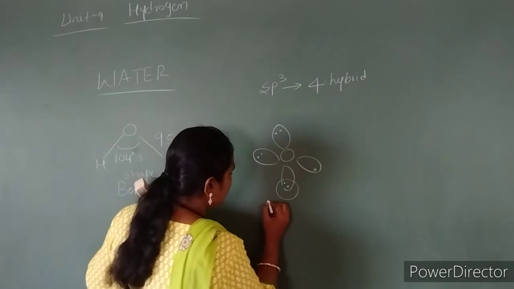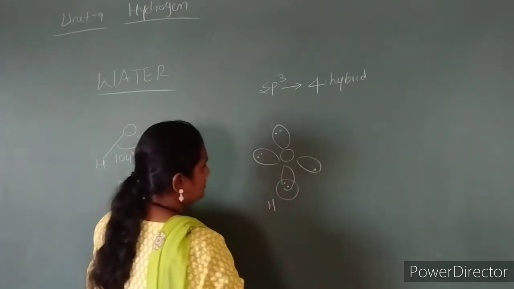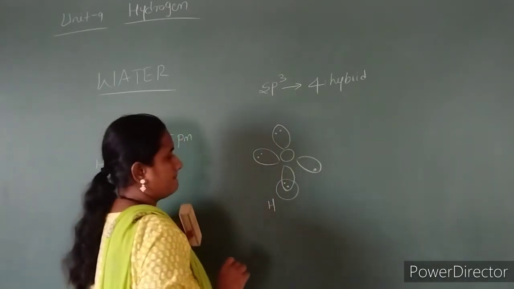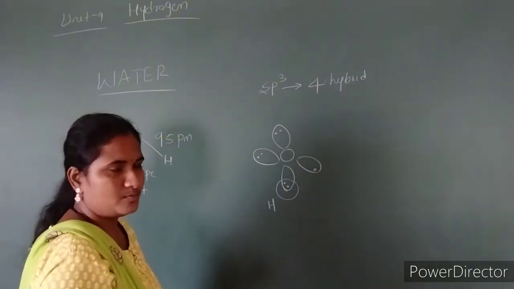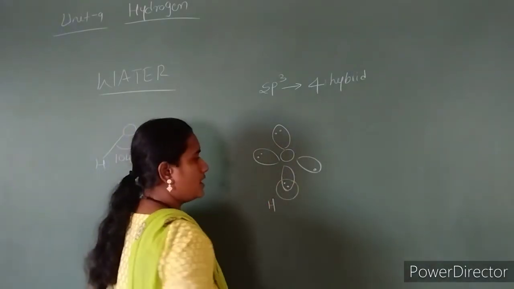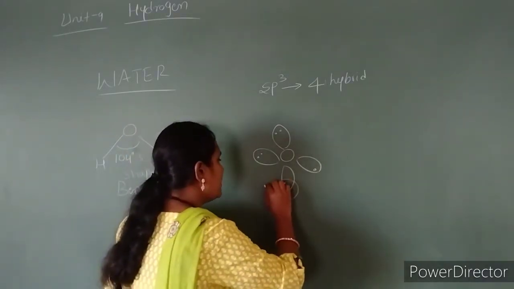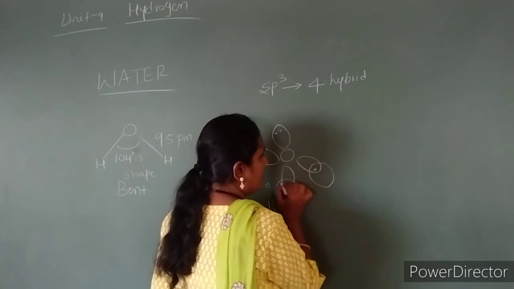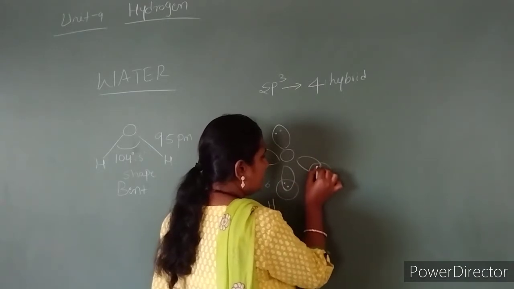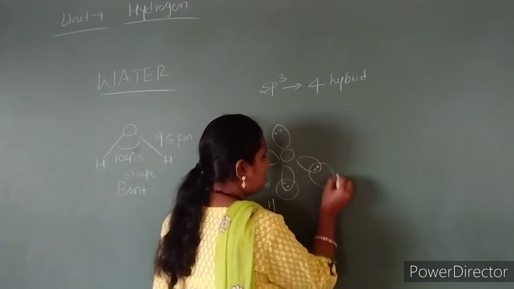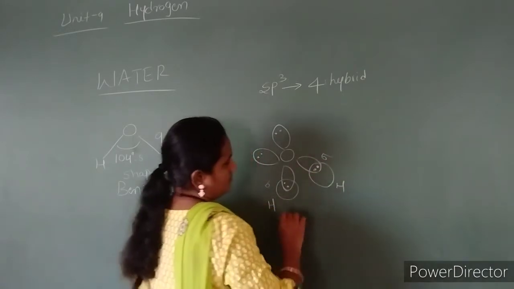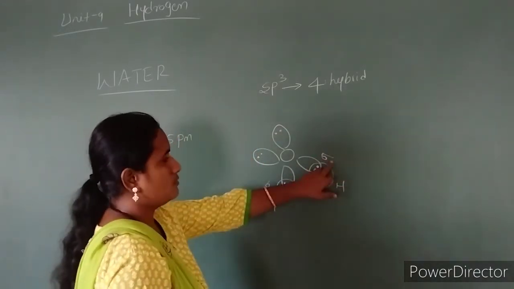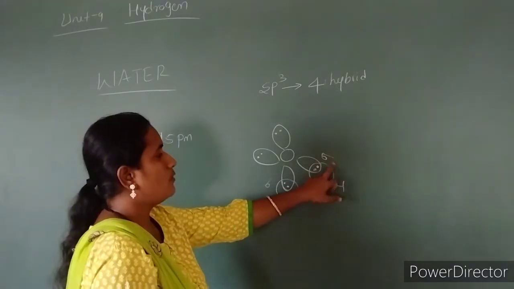Head-to-head overlap gives a sigma bond, and one more sp3 hybrid orbital of oxygen overlaps with the s orbital of hydrogen, again in head-to-head manner, giving one more sigma bond in the water molecule.